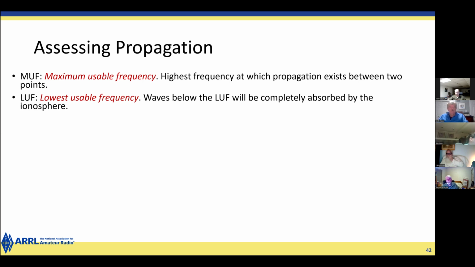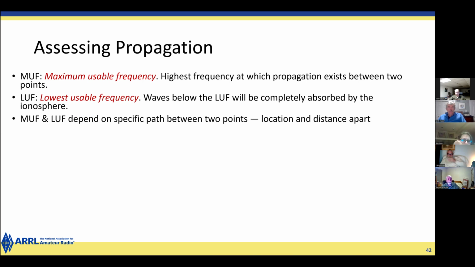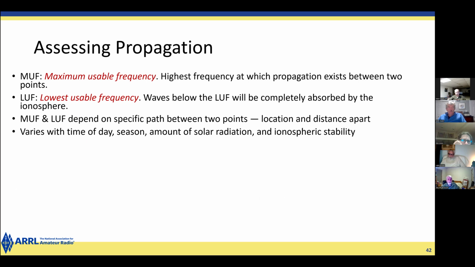Above the maximum usable frequency, radio waves travel through the ionosphere and are not refracted back to Earth. Below the lowest usable frequency, radio waves are absorbed by the ionosphere. So it's in between those two frequencies where propagation is possible. They depend on the specific path, on atmospheric and ionospheric conditions.